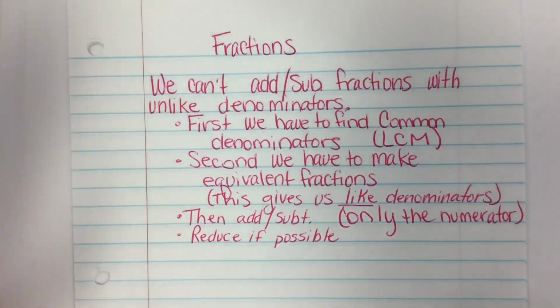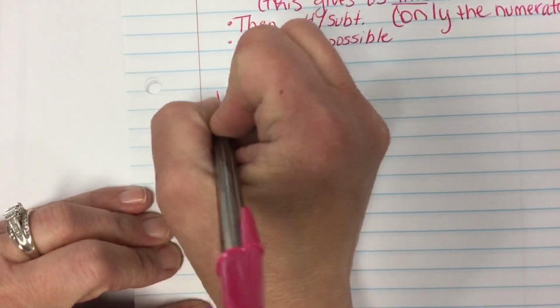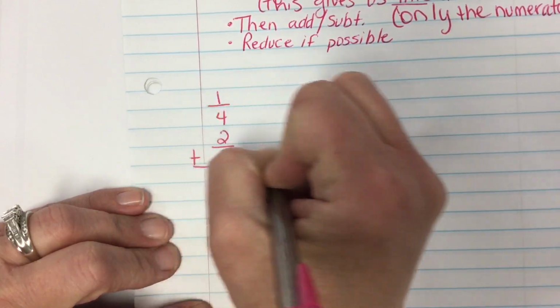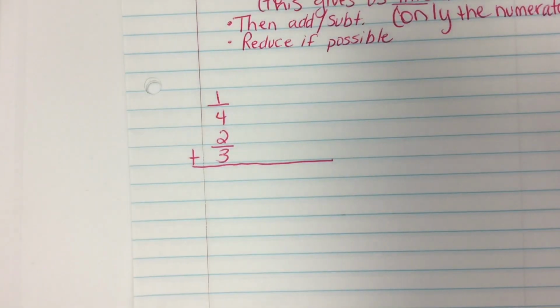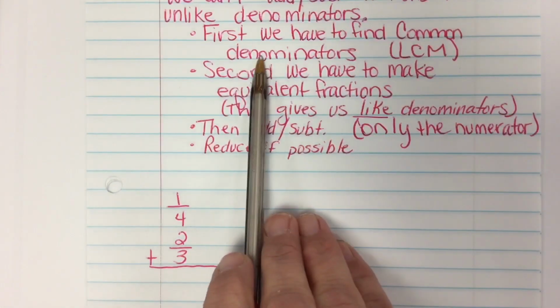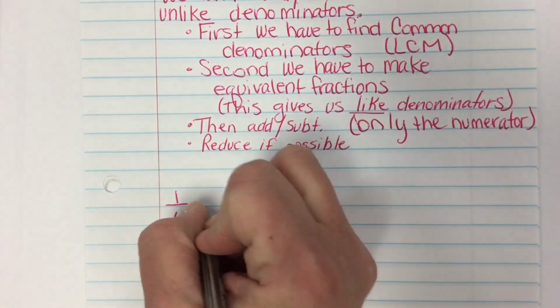Okay? So if I have the fraction 1/4 plus 2/3, 4 and 3 are unlike denominators. So the first thing we have to do is find a common denominator.